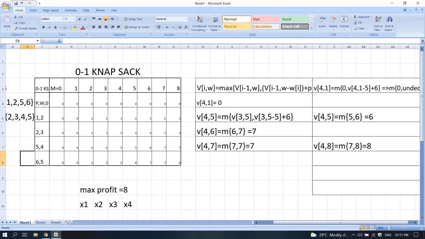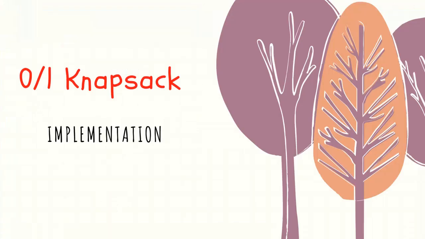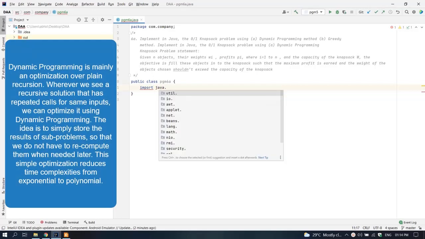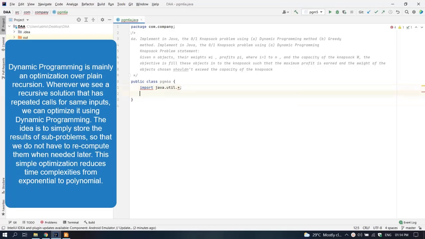Now let's get toward the coding part. So let's come to the code part of the 0/1 knapsack problem, and we are going to solve this problem by the dynamic programming method. Let us first import. What is our knapsack going to take?